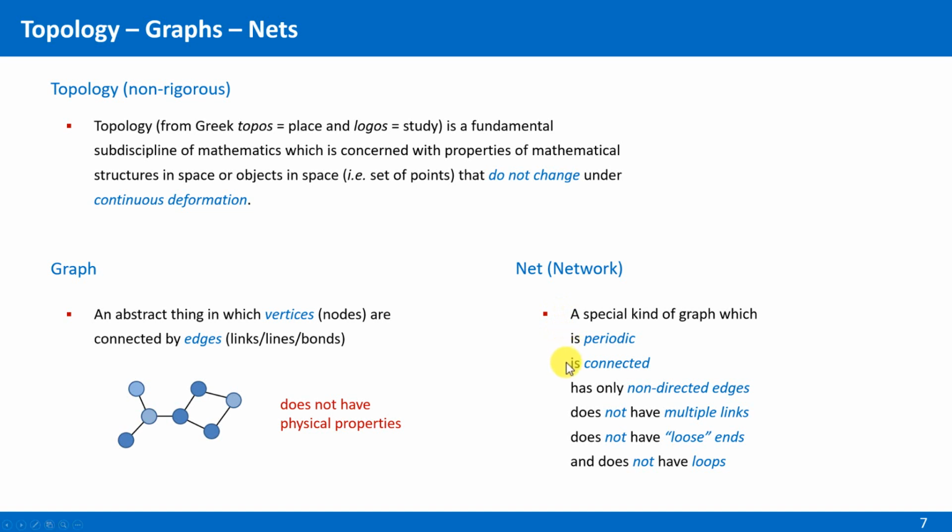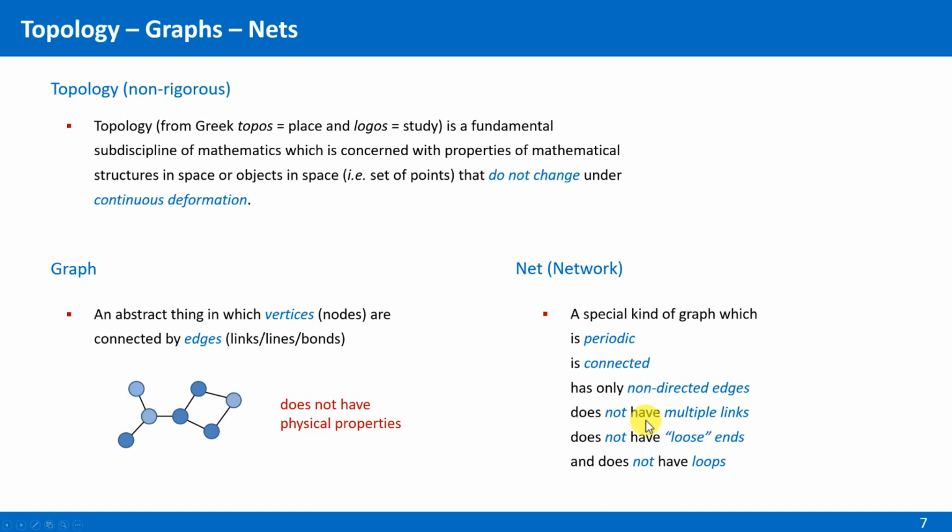This means there is a continuous path from all vertices to every other vertex. It is periodic, so we have a unit cell which translates in 1, 2 or 3 directions in space. Furthermore, we have no so-called directed edges, so it does not matter if we have a link between this vertex and that vertex or the other way around. It is only important if two vertices are connected.